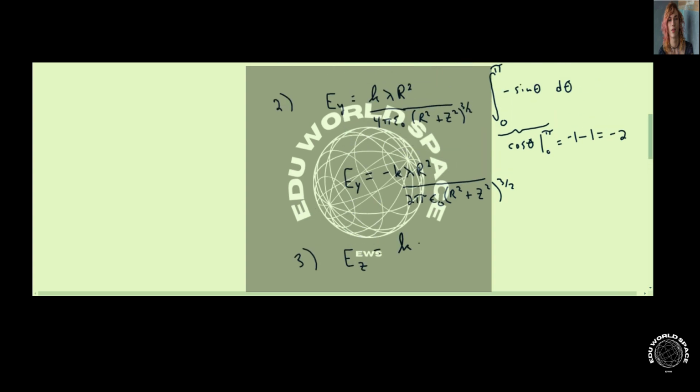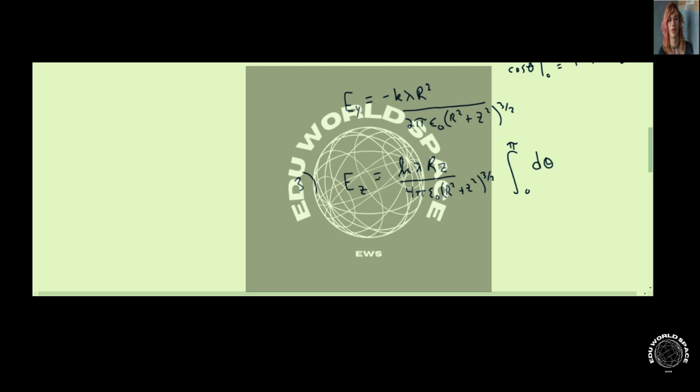So we have k lambda r z and then r squared plus z squared to the 3 halves, and then the integral of d theta from 0 to pi, which, yes, no special magic needed to solve for that. That simply gives pi. So we can cancel the pi from numerator to denominator. And we get a fairly simple answer.